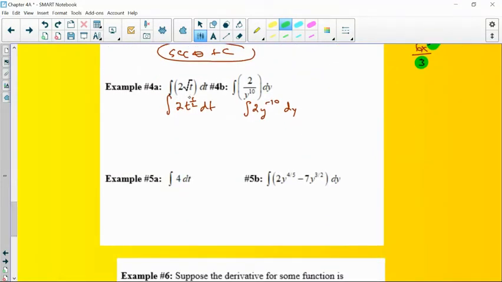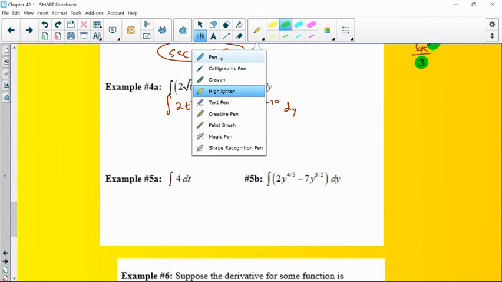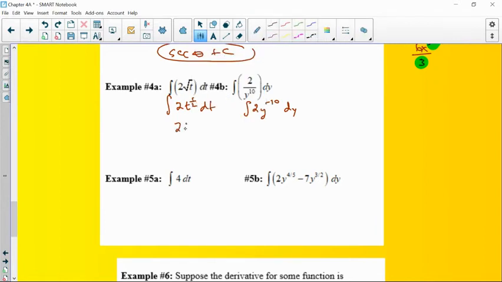We could bump that up a power and write that as 2t to the 3/2 power. That's one whole number higher, right? And then divide by that 3/2 plus our constant. Normally we wouldn't leave it like this. We'd multiply by its reciprocal. So we get 4/3 t to the 3/2 plus c.